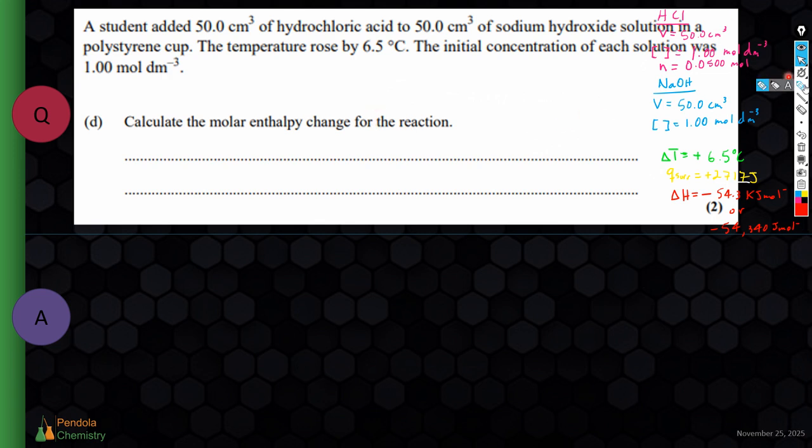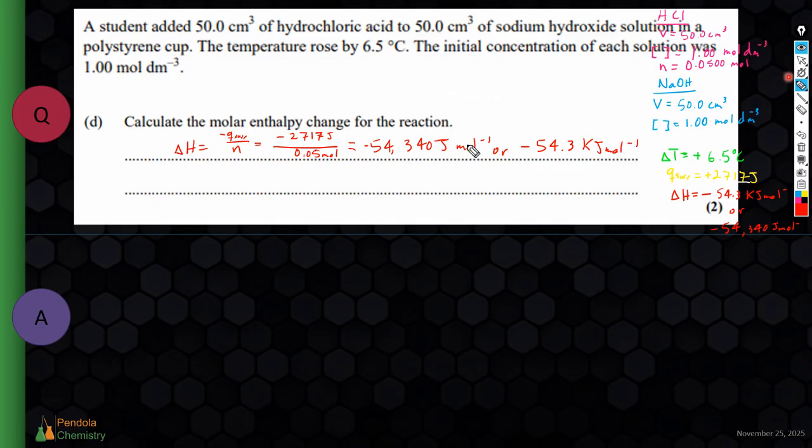So all you have to do here is show your math of delta H is equal to negative Q of the surroundings over n, meaning negative 2717 joules per 0.05 moles, which is equal to negative 54,340 joules mole to the negative 1, or we can put our answer as negative 54.3 kilojoules mole to the negative 1.